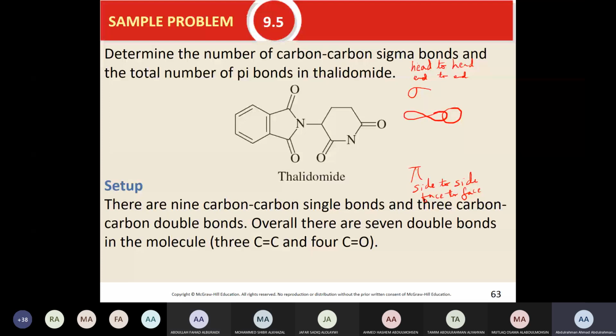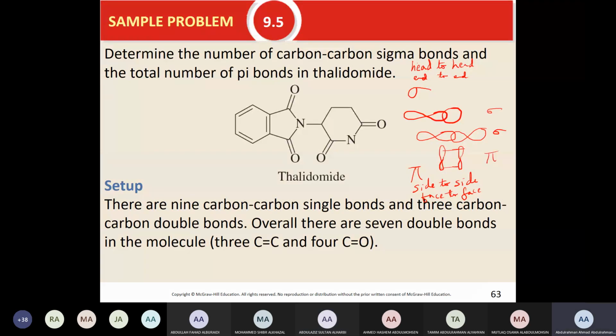How about if we have P with P? Sigma also. This is sigma and this is sigma. When are we going to see pi? When it's side to side, like this. This is pi.